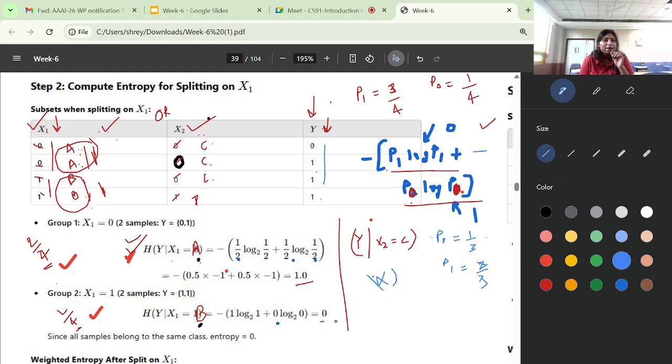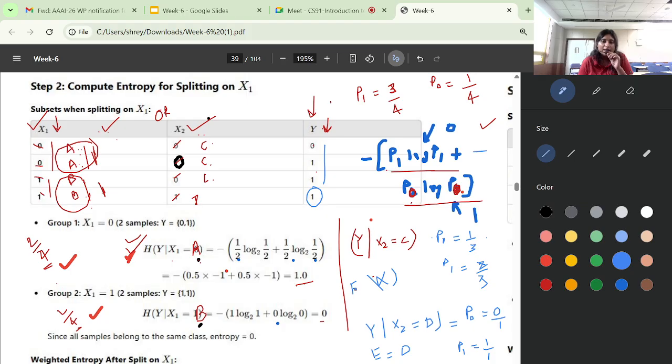Now calculate the value when y given x2 is equal to d. Because it is only one row, here P0 will be 0 by 1 because we have no such values, and P1 will be 1 by 1. When you put it in, entropy will come as 0.